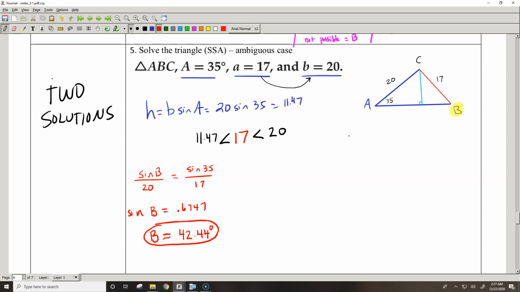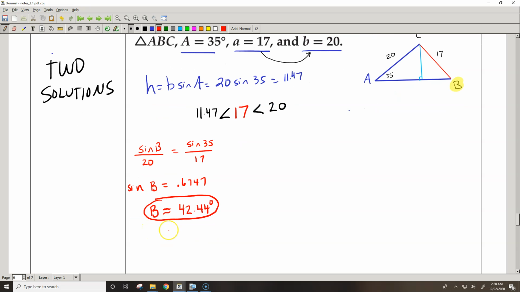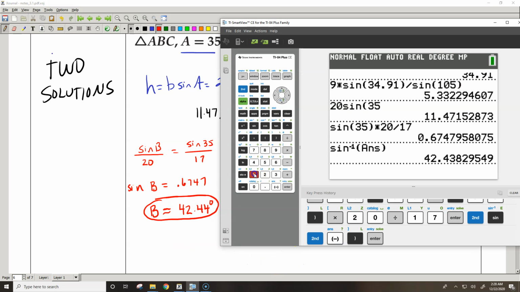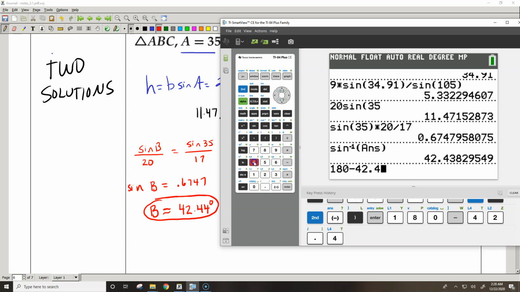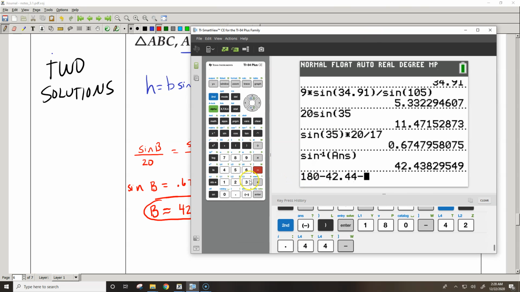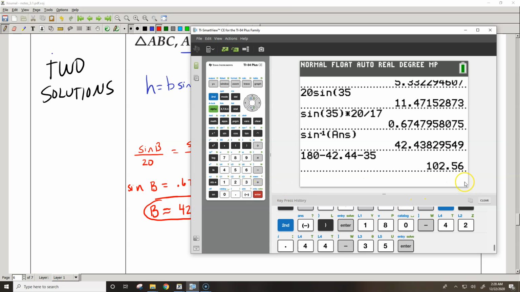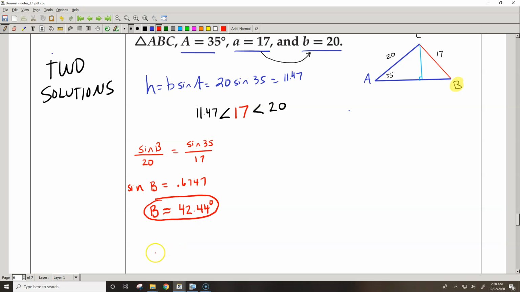I know that's 42.44. I could then solve for the other angle, right? Because everything adds up to 180. So I could figure that out by going 180 minus 42.44 minus the given angle, which is 35. And we could figure out that angle C is 102.56. So therefore, I could say angle C is 102.56 degrees.